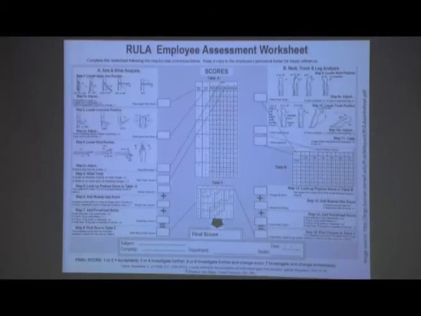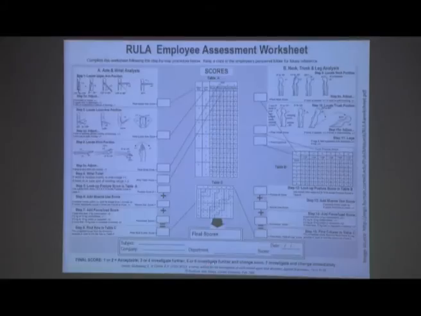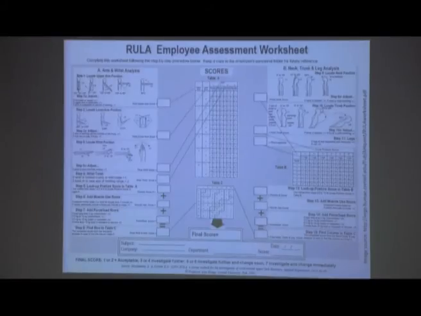In this example, we are assuming our final score is 5 from table C, so it falls within the range 5 or 6: investigate further and change the posture soon. So we have to investigate further and redesign the task and the workplace in such a way that this postural score can be reduced.